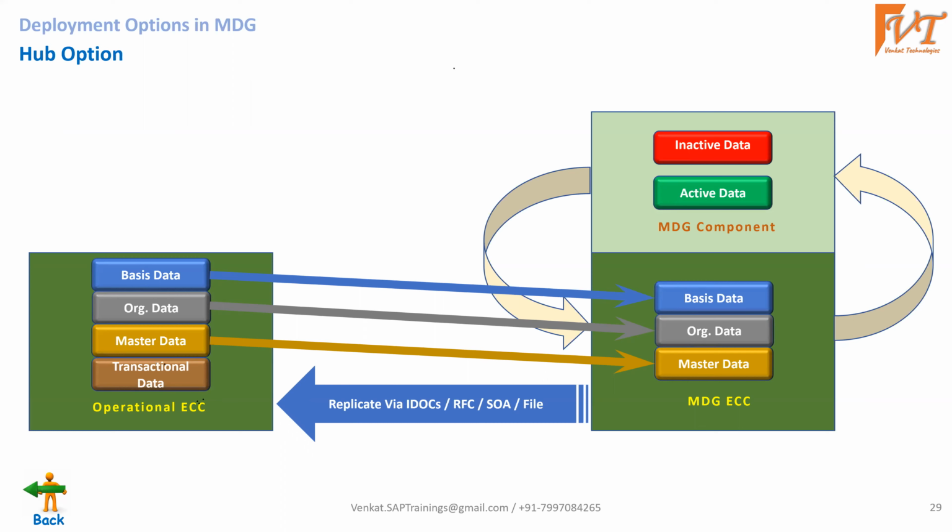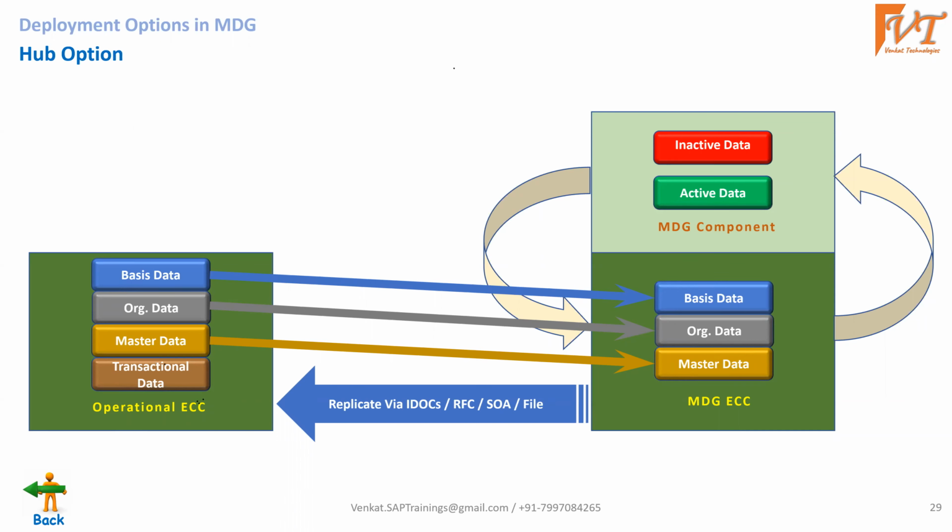And if they want to govern the data, and they notice that the data is inconsistent across only a single plant, and they identify that the data cannot be shared by other business units, then they can go with the co-deployment option.